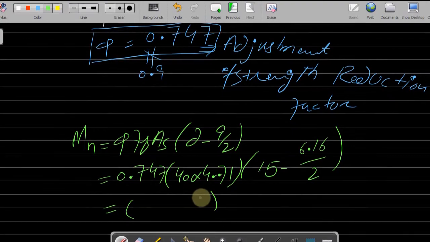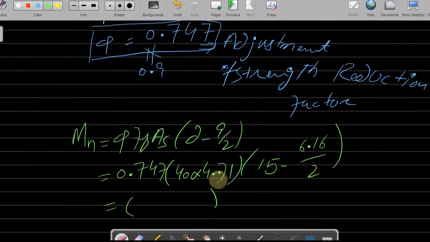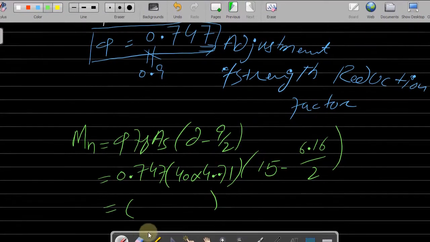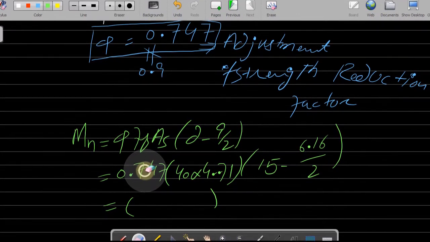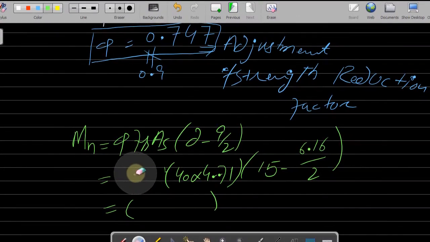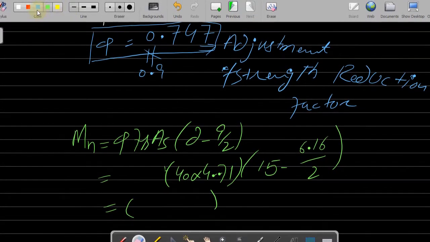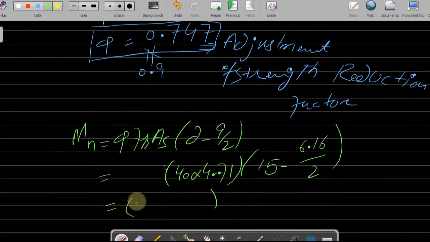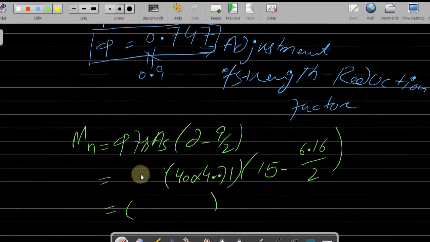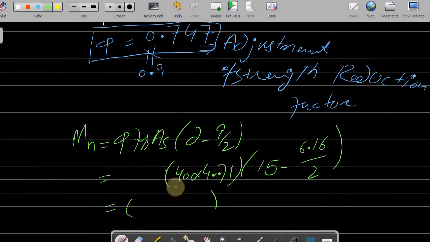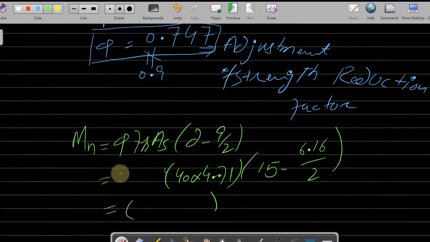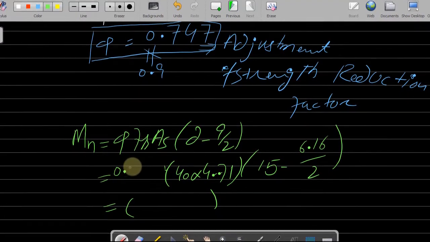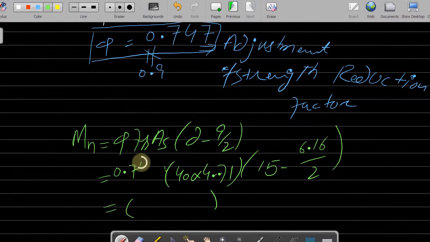What will be the value if we ignore the strength reduction factor? If you don't multiply that strength reduction factor, I have done the calculation, so please check it.